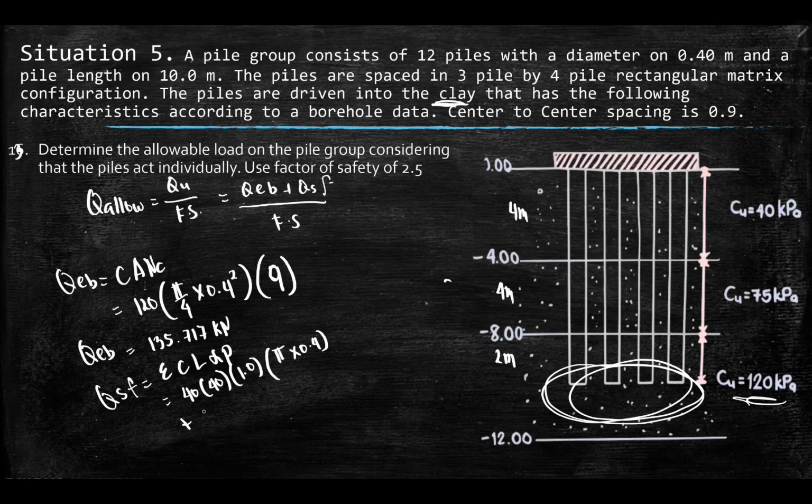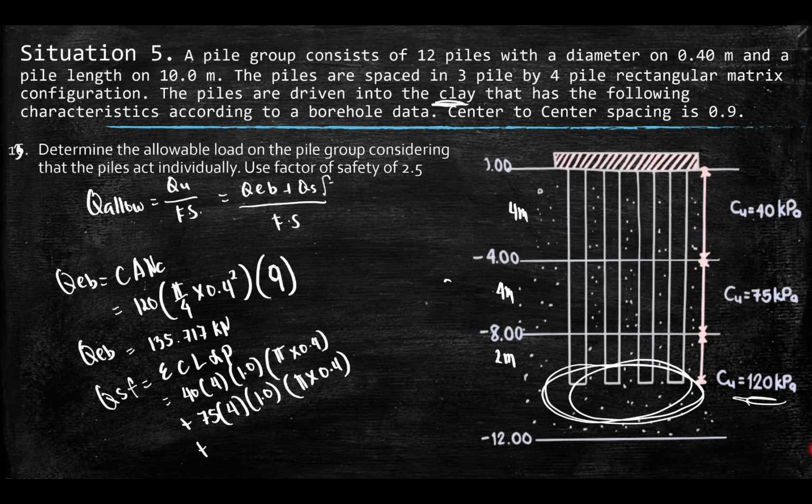Next, soil layer 2, cohesion is 75. The length, bakit 40 to? It should be 4 meters. Next, 4 meters ulit to. 1.0 ang kanyang alpha. And the perimeter is just pi times the diameter.